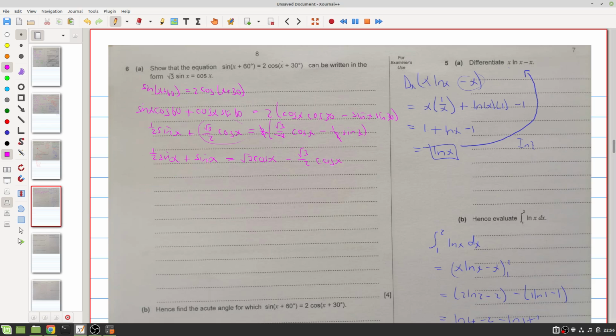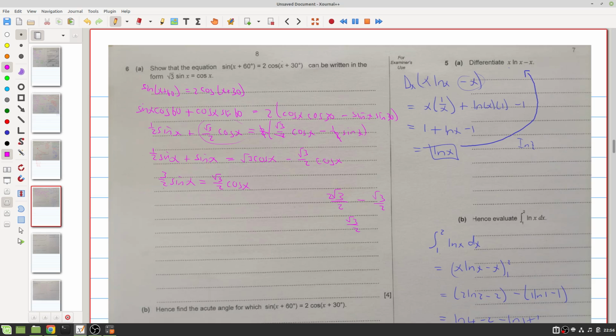Okay, so half sin x plus sin x is going to be 3 over 2 sin x. And then square root 3 minus square root 3 over 2. So let's just show how we get to our answer. So we're going to put that over 2, so we have to multiply by 2, minus square root 3 over 2. So that's going to be 2 root 3 minus root 3 is just going to be root 3 over 2. Okay, so this part is just going to be square root 3 over 2 cos x.